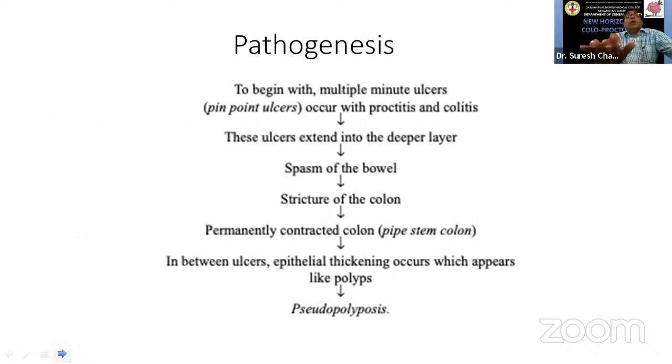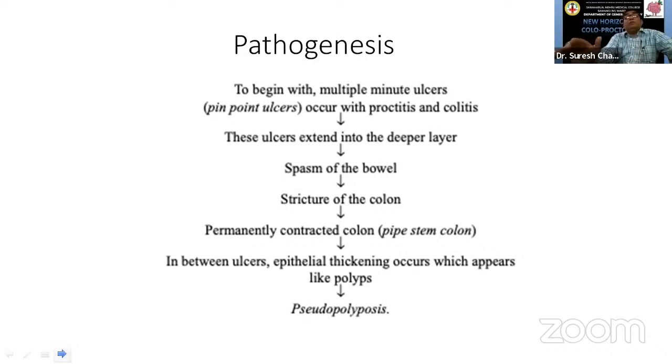Now, if you see the pathogenesis, how does it develop? Minute ulcers, called pinpoint ulcers, are a very common feature, which I'll show you in the endoscopic view in the next diagram. With proctitis and colitis, these ulcers extend into the deeper layers, with spasm of the bowel followed by stricture of the colon, a permanently contracted colon, that is pipe stem colon.